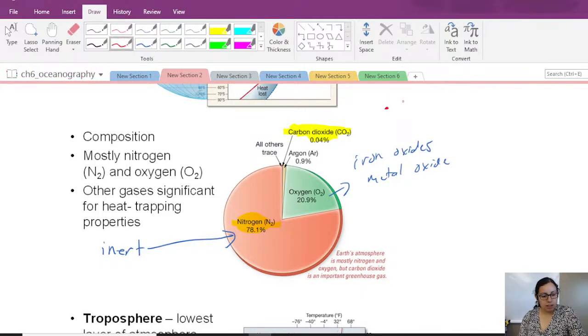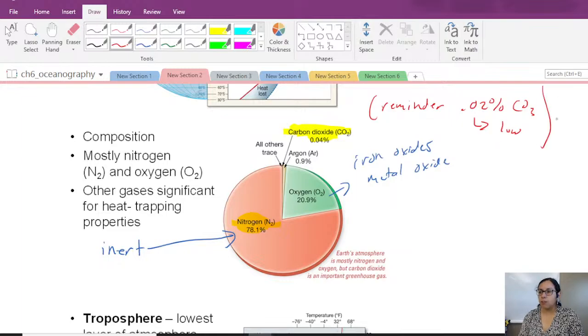And let's just put a reminder that probably 0.02% CO2 was considered low historically for the Earth. If you remember back to other chapters, they saw where the plants weren't growing because there wasn't a lot of CO2. And then, of course, trace gases, you have some methane in there.